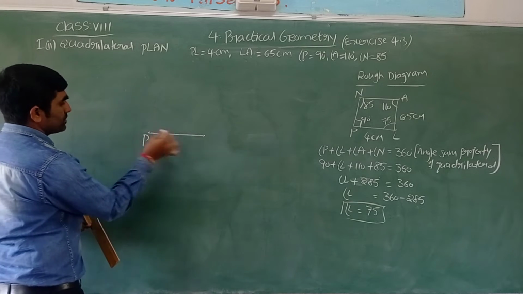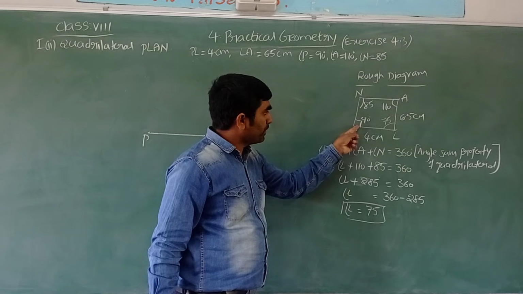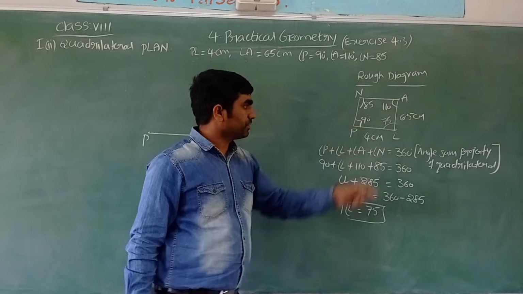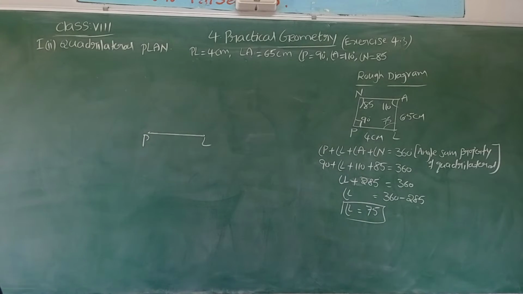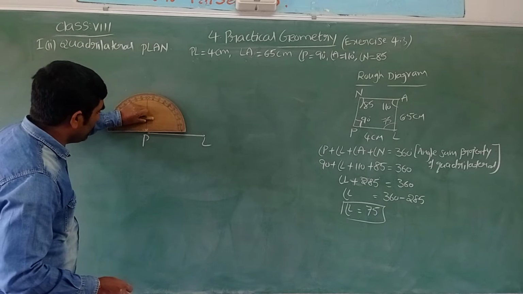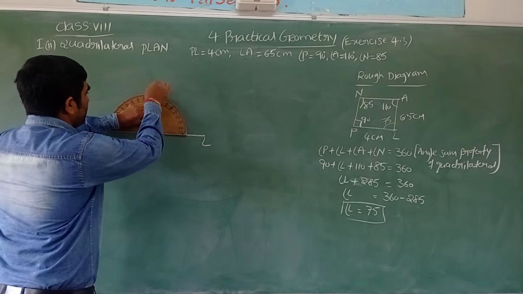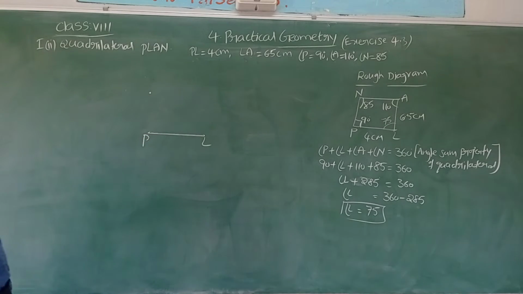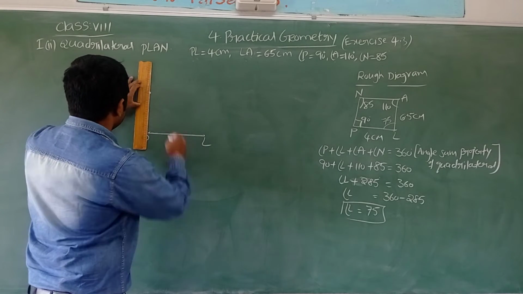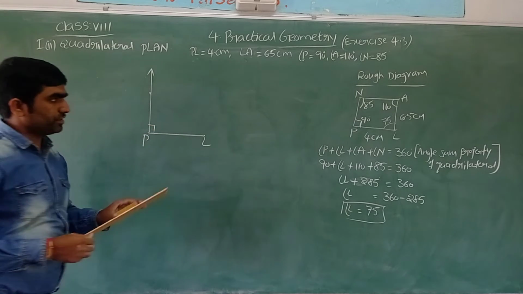Name the endpoints as P and L. By using a protractor, from vertex P, you can draw one ray whose measure is a right angle, 90 degrees.